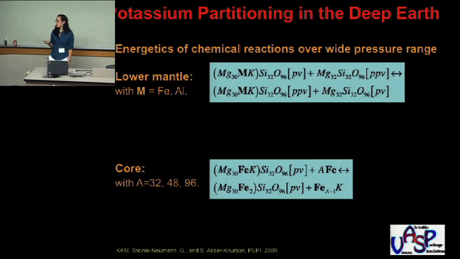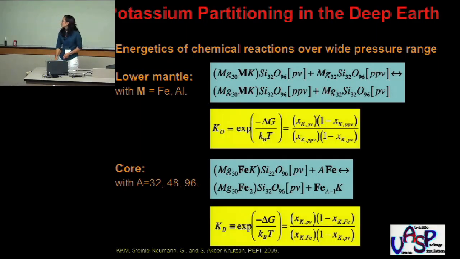Again, these were a few years ago. They wouldn't take nearly as long. But with the energies that we can calculate, the differences in the energies between these various reactions, we could then compute partition coefficients, and so forth.